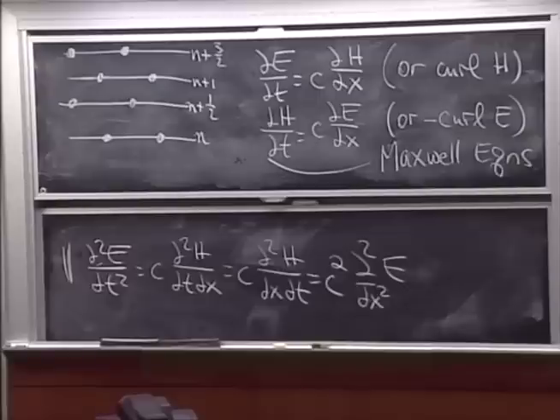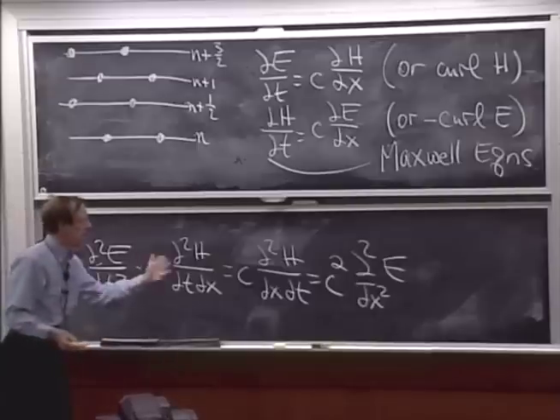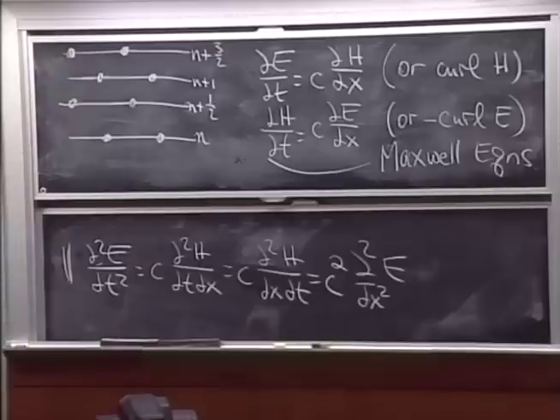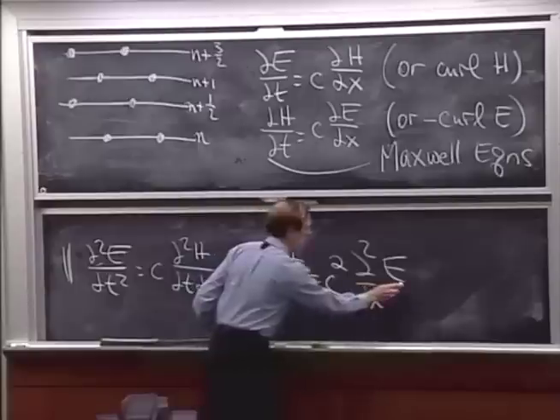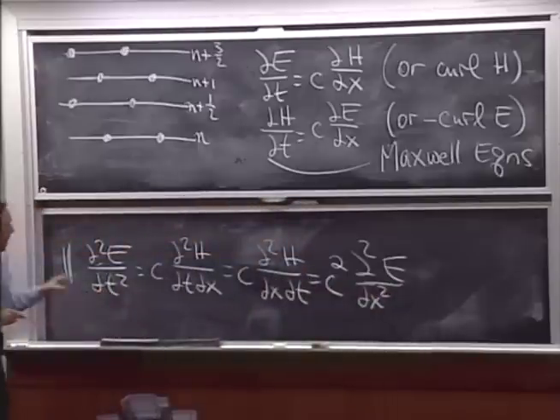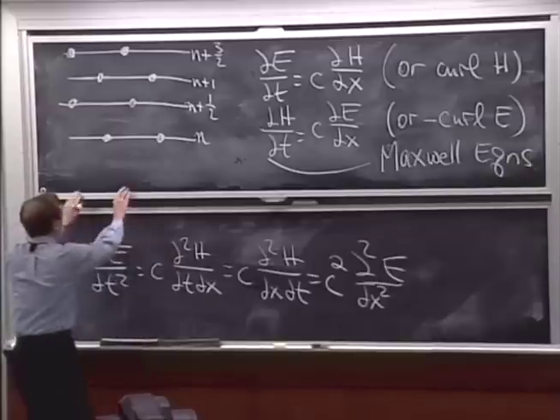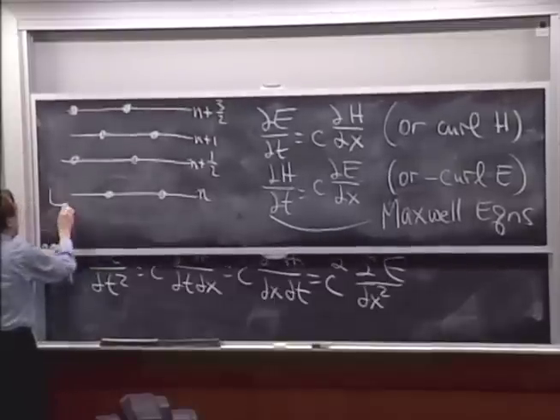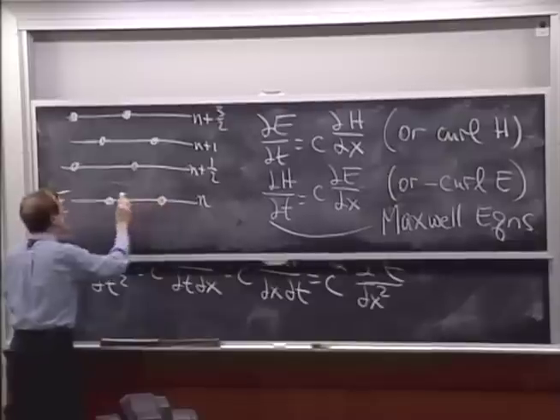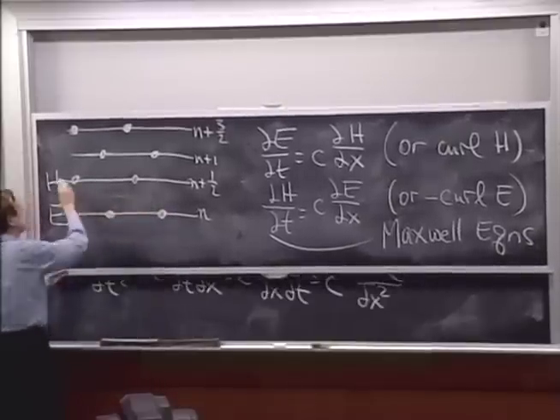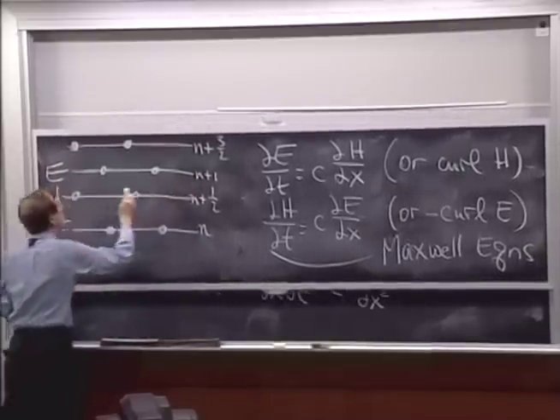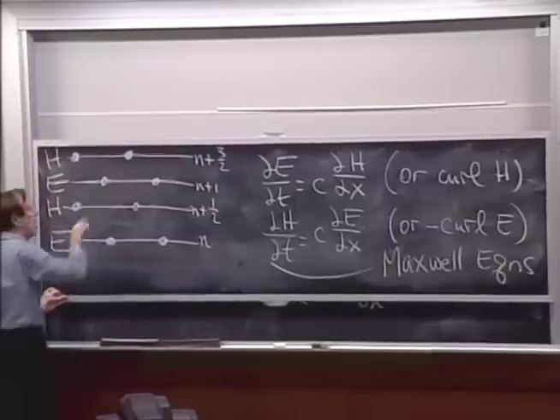Okay. I want to show the same thing now for finite differences. It's such a simple and useful device, and our point will be that it works just as well for differences. And that allows us to do this staggered grid idea. So the staggered grid idea is I'll do E on this grid, at these grid points, H at the half points, E again at the integer points, H again at the half points.